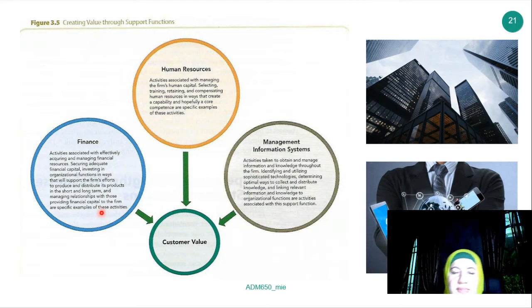Another one is human resource, activities associated with managing human capital: selection, training, compensation, and so on and so forth. And another one in value chain analysis is MIS, management information system. Here you are concerned with managing information, obtaining and managing information and knowledge throughout the firm.